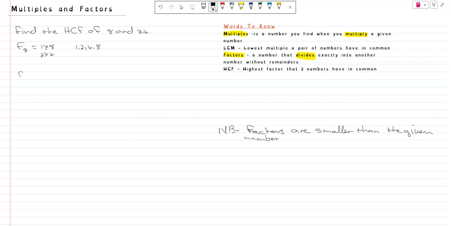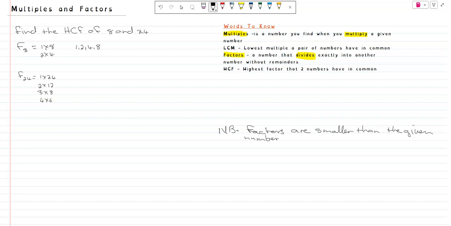Now we need to look for the factors of 24. That would be 1 times 24 equals 24. 2 times 12 equals 24. 3 times 8 equals 24. 4 times 6 equals 24.